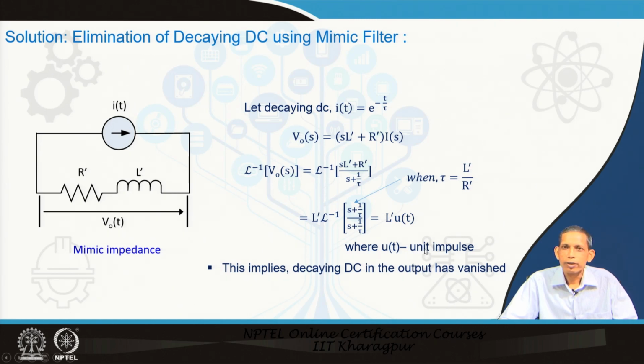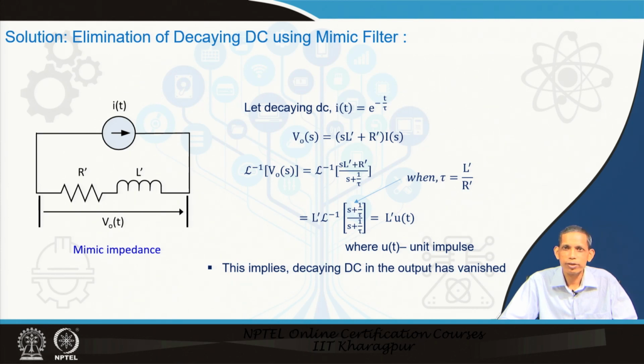So, the decaying DC in the power system has a constant time constant, but if we connect the corresponding signal to R dash and L dash with the condition that L dash by R dash equals the time constant of the power system circuit, then the output, considered in voltage terms, does not contain any decaying DC.